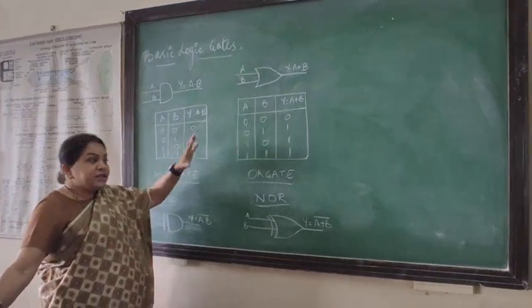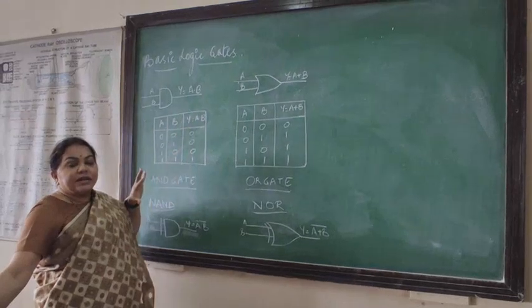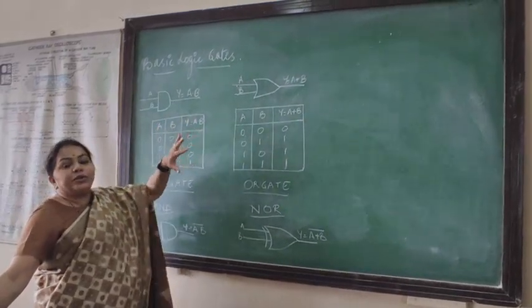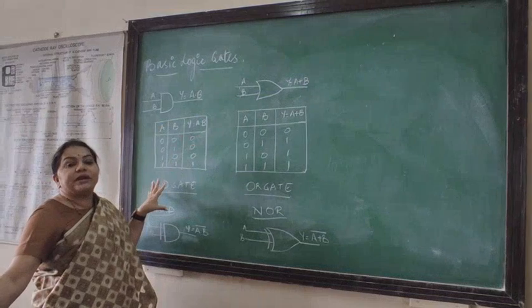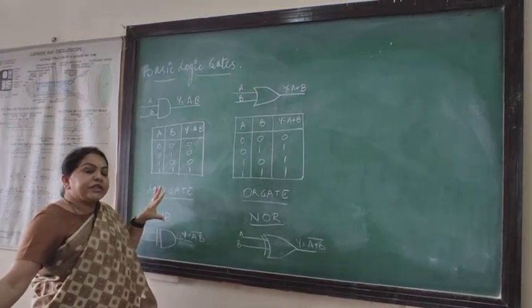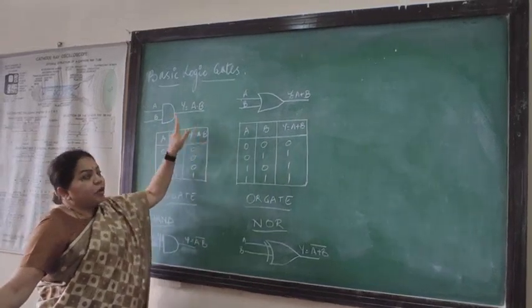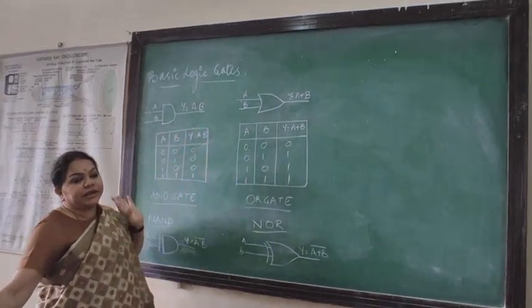Now, how do these circuits and gates function? They are designed to perform certain mathematical operations. The basic logic gates are AND, OR and the NOT gate.